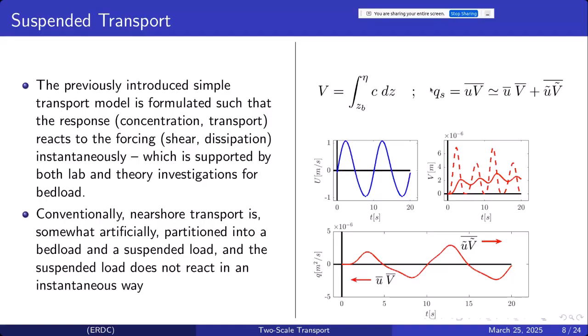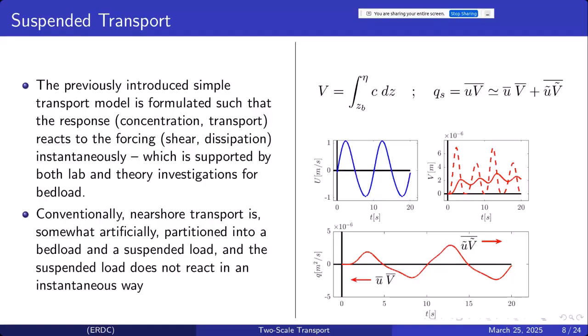And then what we're really after is the transport, right? So the transport is equal to the velocity times this depth-integrated sediment concentration, which can of course be split up into a steady part, that's the undertow and the steady part of the concentration, and then these tilde parts, and the tilde parts are due to the waves. So there's going to be oscillations in the flow field, U tilde, of course, because it's a wavy domain.